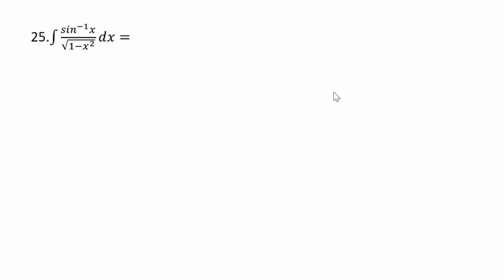And for this last number, we have the integral of arc sine of x over the square root of 1 minus x squared dx. So our u here is equal to arc sine of x, and the derivative of arc sine of x is 1 over the square root of 1 minus x squared dx, wherein this du is visible in the given.